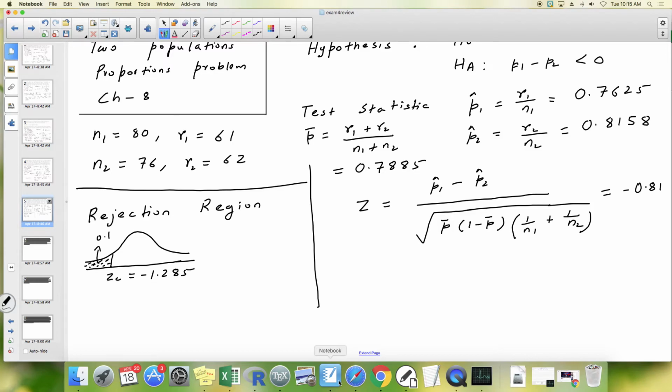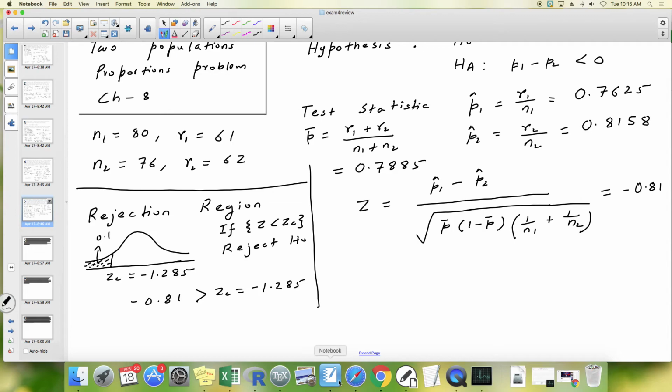So if Z less than ZC, reject H0. Does that happen for us? No. For us, minus 0.81 is actually bigger than ZC equals minus 1.285.